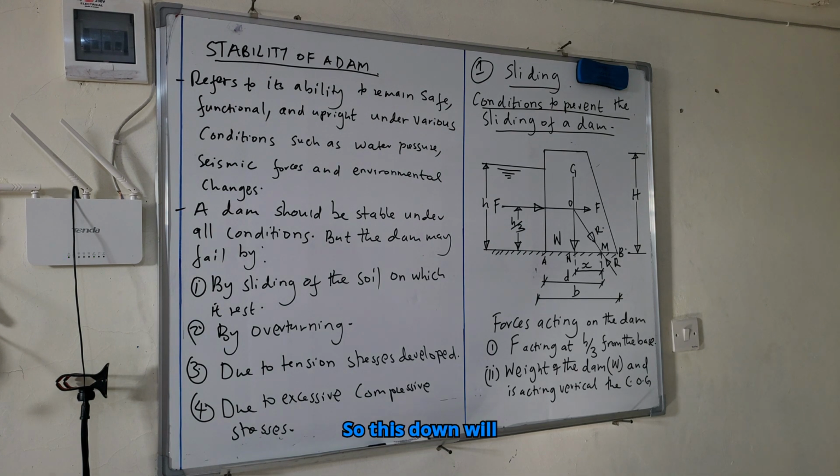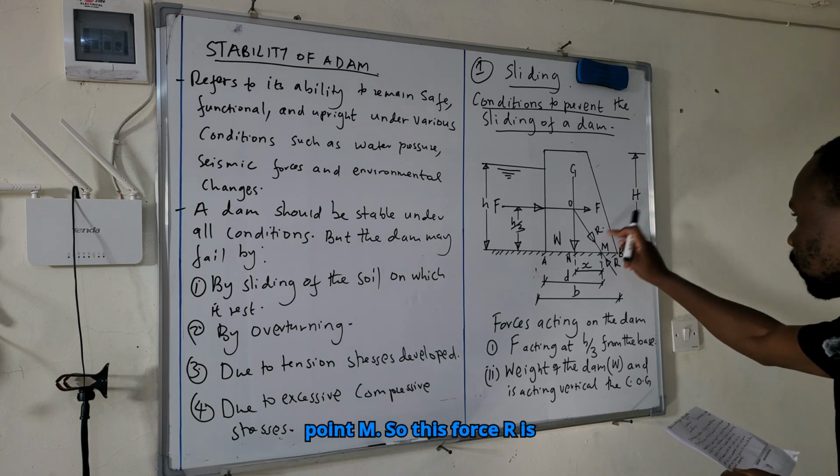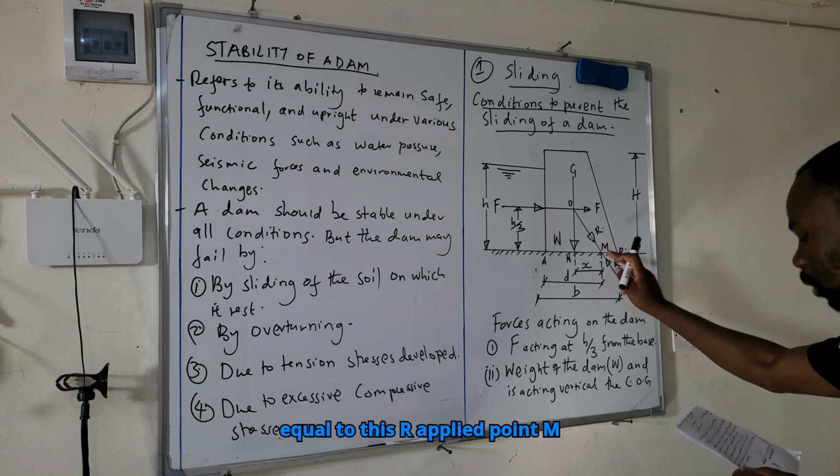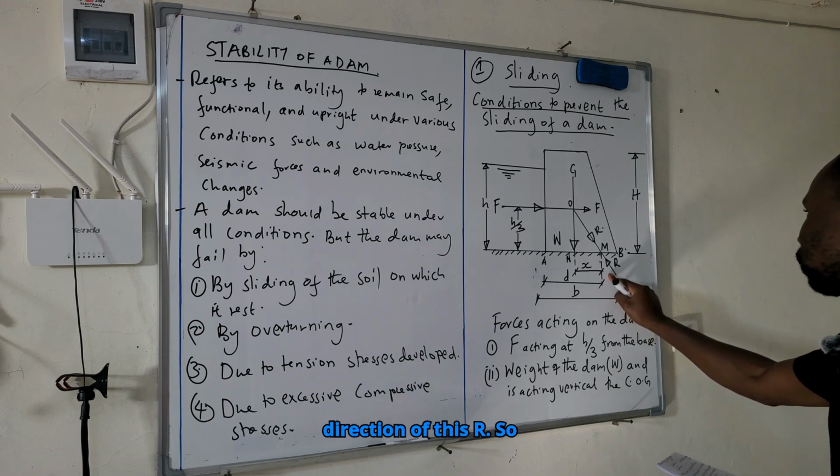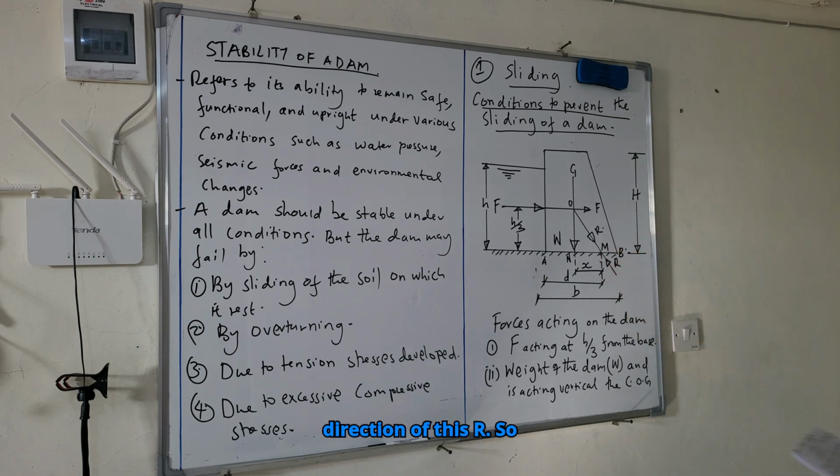So this dam will be in equilibrium if force R equal to R is applied at point M. So this force R is equal to this R applied to point M in the opposite direction of R. So as you can see, this is in the opposite direction of this R. So R is the reaction of the dam.